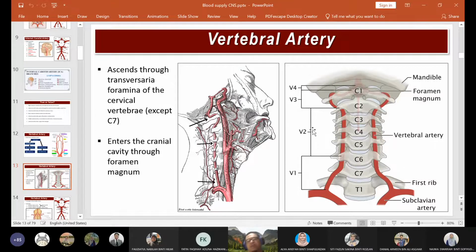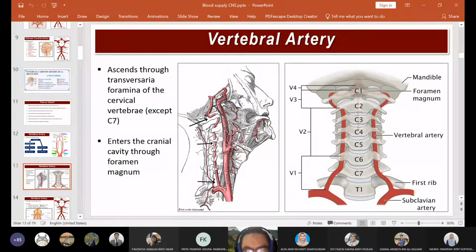So if you remember your neck, your vertebral lecture last year, in your cervical vertebra, the transverse process has a foramen, remember? Ingat tak?